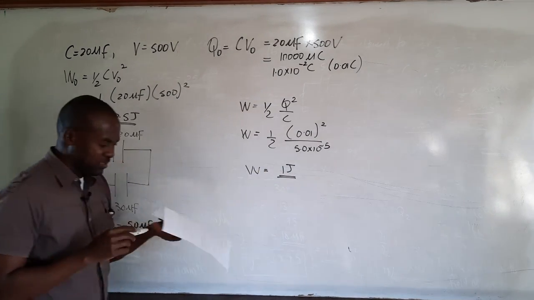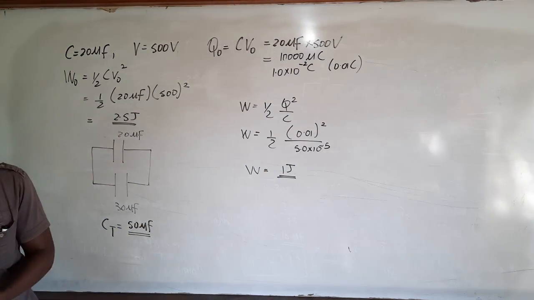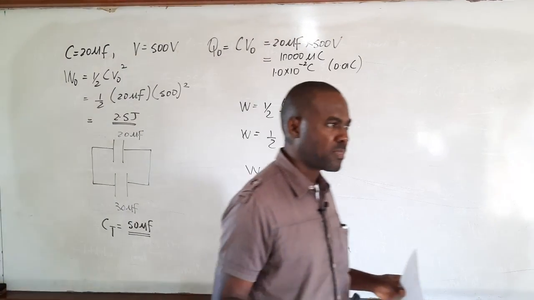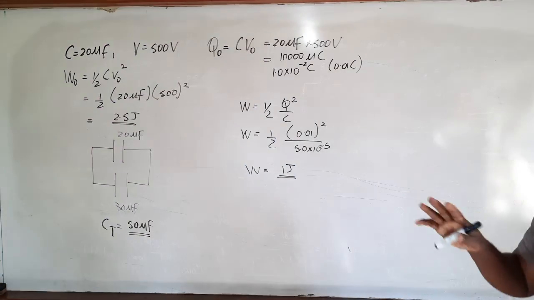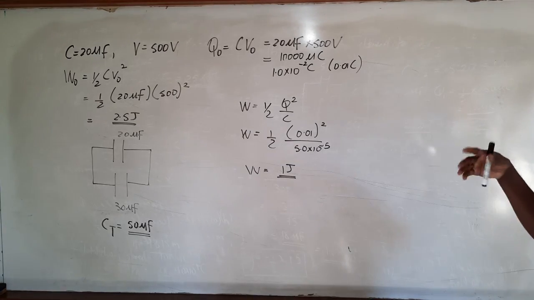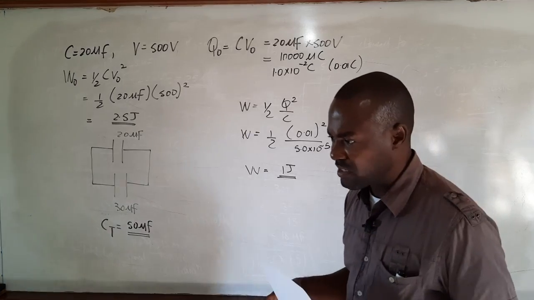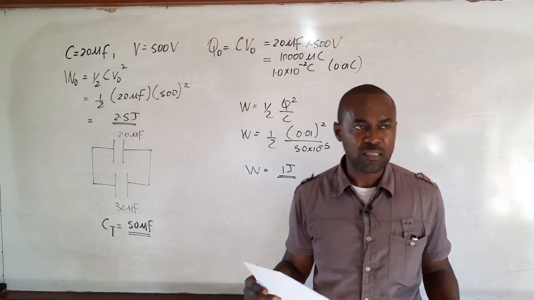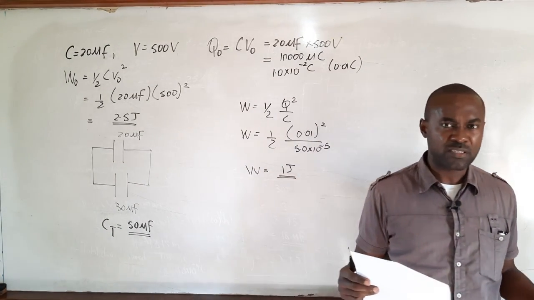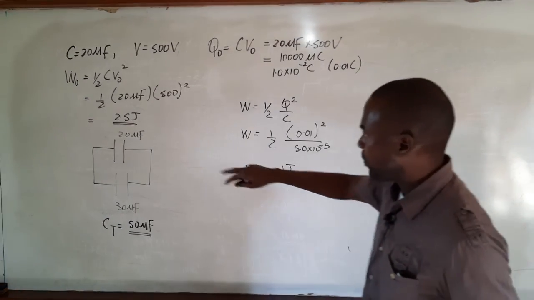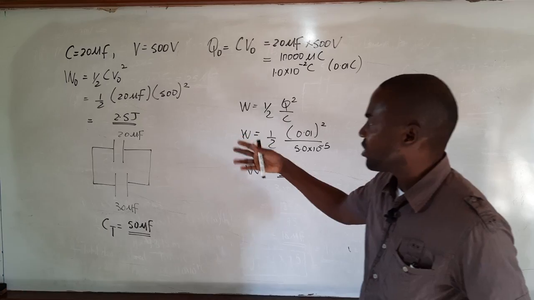So after the two capacitors are connected in parallel, the initially uncharged capacitor will acquire some amount of charge, as the initially charged capacitor, the 20 microfarad capacitor, will discharge across it. Now, during this discharge, of course, energy will be dissipated as heat in the connecting wires in the circuit, and therefore this is where this extra 1.5 joules of energy that was initially stored would have gone.